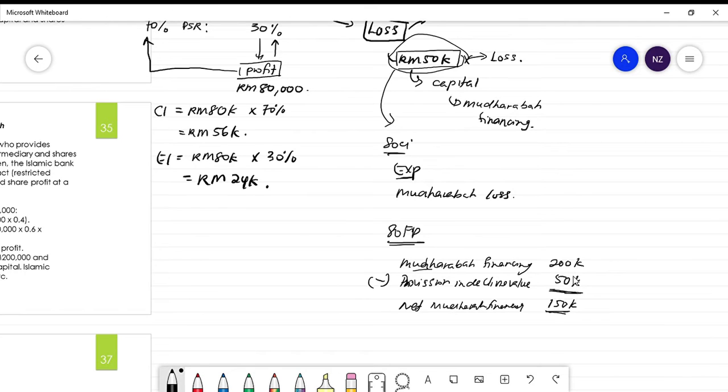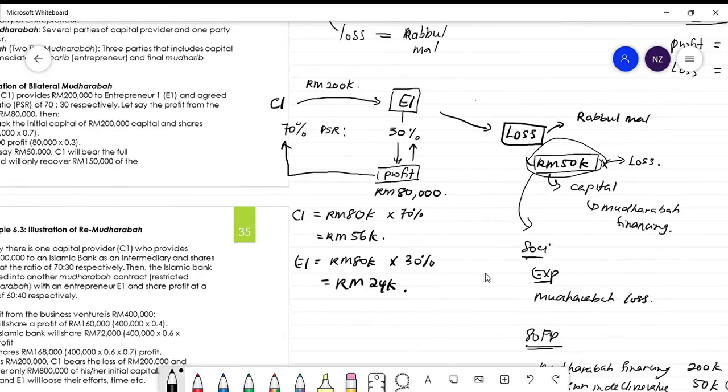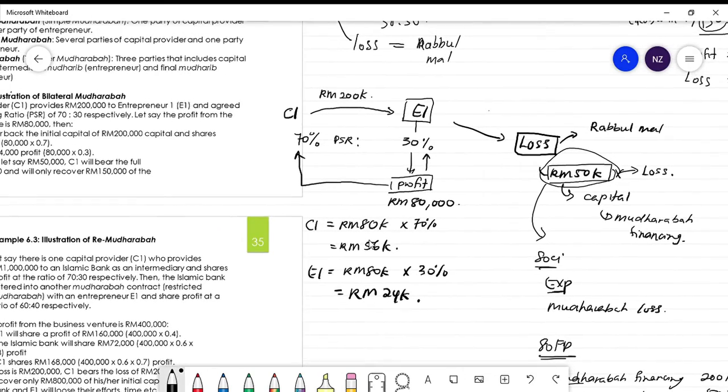That's why dia hanya akan recover 150. Sebab tu dia akan recover hanya 150k sahaja from the losses. Itu maksud dia tadi. Okay. Ini adalah losses amount. So itu hanyalah example for simple mudharabah.